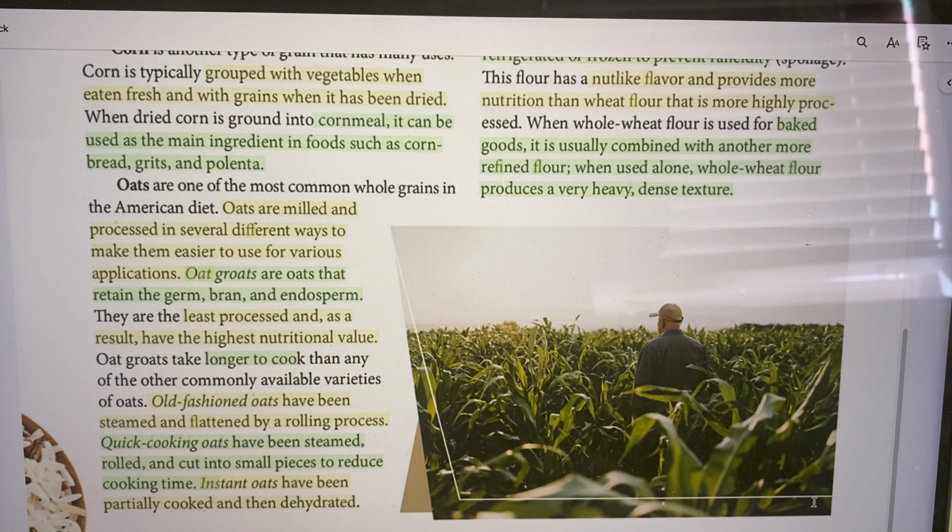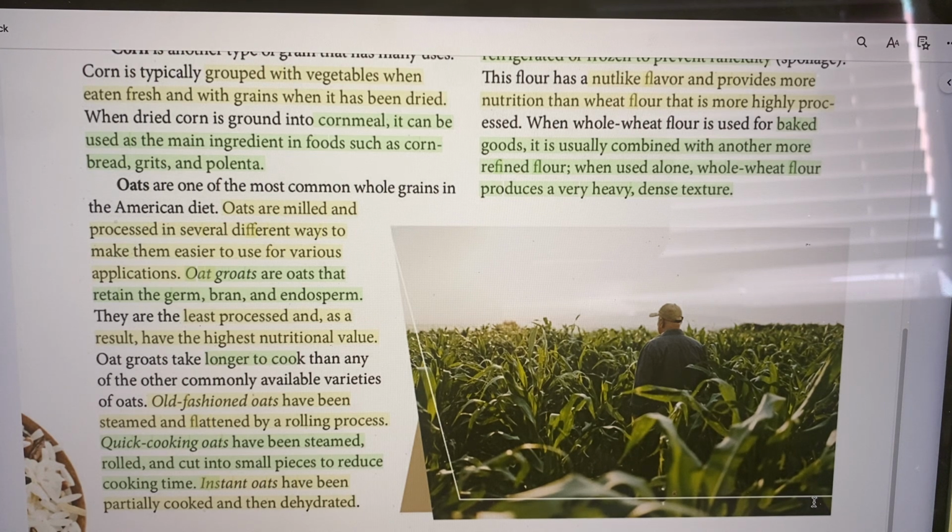But oat groats take longer to cook than any of the other varieties of oats. So oat groats take a while to cook, and they're not as popular because of that reason. And then we have old-fashioned oats, which have been steamed and flattened and rolled out. And onto the quick cooking oats, which have been steamed, rolled, and cut into small pieces to reduce the cooking time.